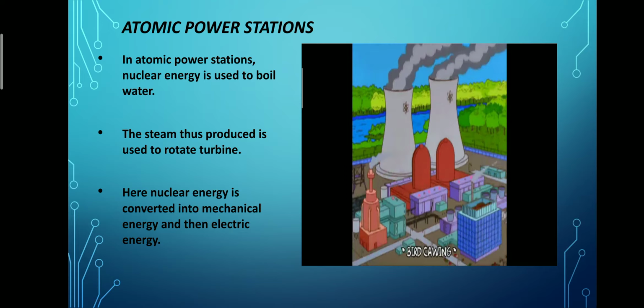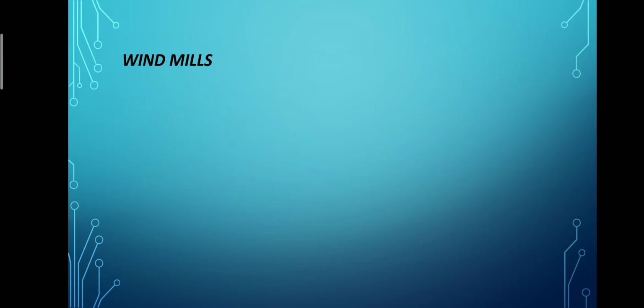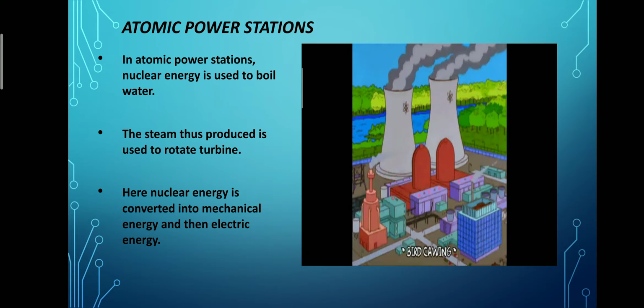So what happens here is the nucleus, that is the radioactive element, will be kept, and it will continuously emit radiation and release energy. This makes the water surrounding it heat up and become steam, and this steam will move to the turbine, and the turbine will start to rotate.